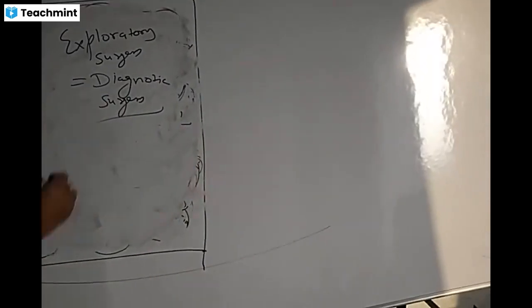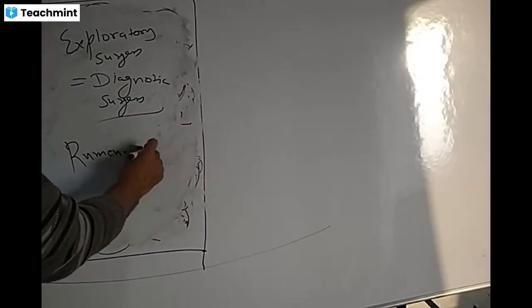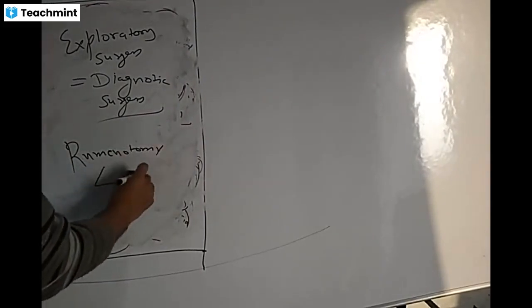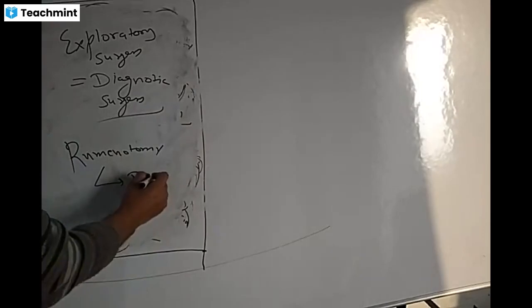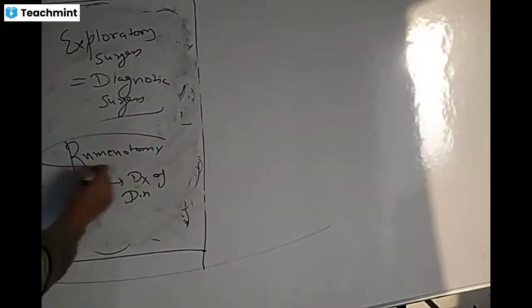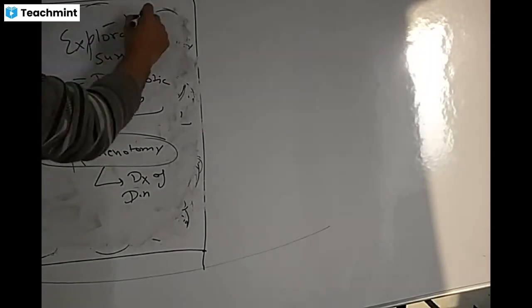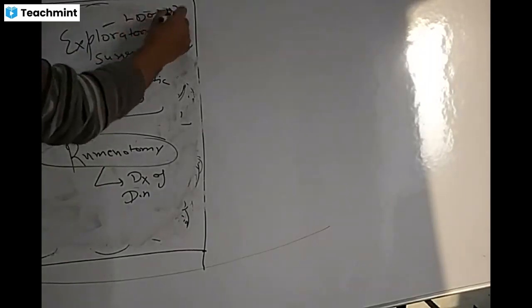For example, ruminotomy. It will give a confirmatory diagnosis of DH. So ruminotomy is an example of exploratory or diagnostic surgery. This was asked in one exam, LDO 2011.